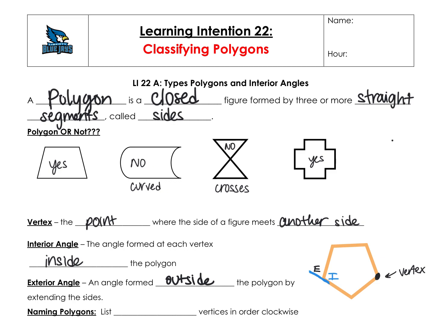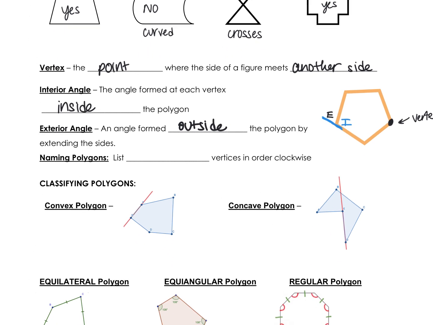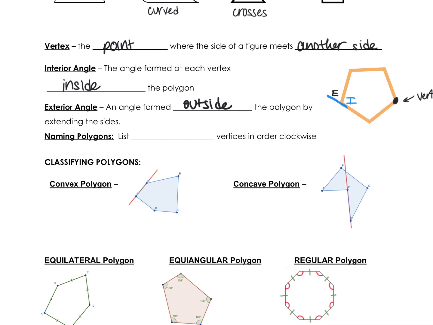I don't think we have anything else to say about that necessarily. Maybe we'll label this guy so we have a name for it. I'll use a different color here. If I have A, B, C, D, E, then you would say this is a polygon, and we usually pick a point to start with, it doesn't matter, and then you go clockwise.